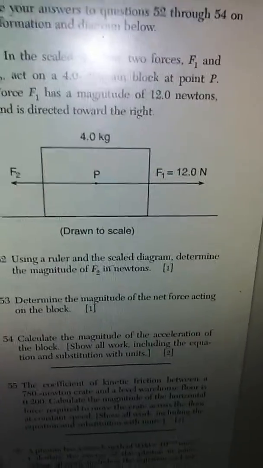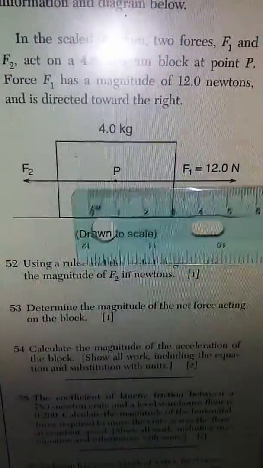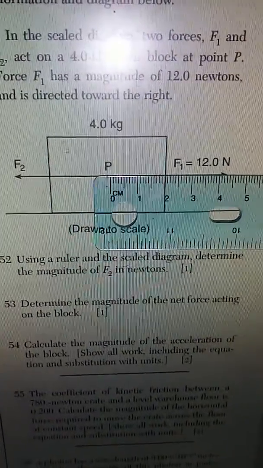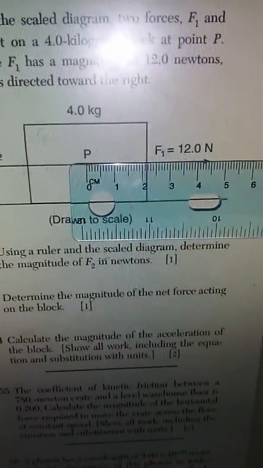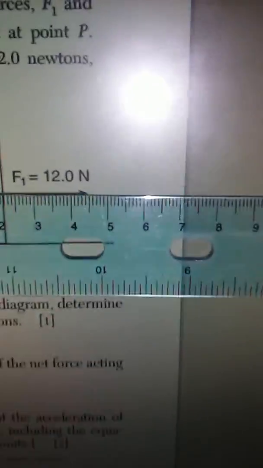So let me see. That's 12 newtons represented by 4.5 centimeters. So 12 newtons equals 4.5 centimeters. Now we want to figure out how many newtons 1 centimeter represents.